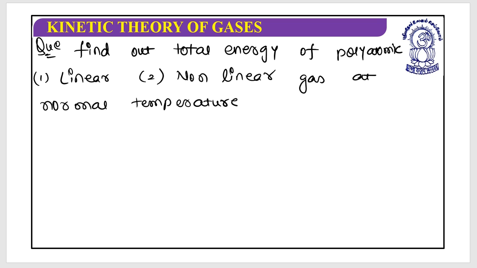Let's say this is the situation. You need to find out the total energy of polyatomic gas. First it would be linear and then the non-linear gas at normal temperature.